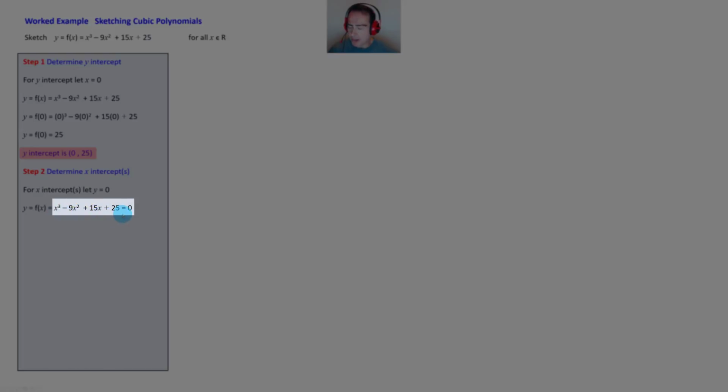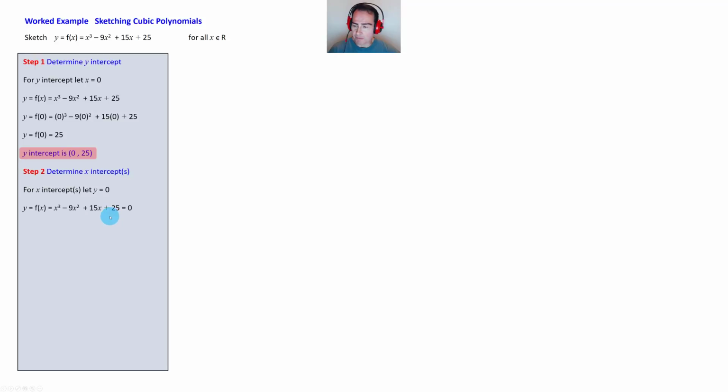Now this cubic equation needs to be factorized in order to easily solve it. And there are several methods to solve or factorize cubic expressions. None of them work all of the time. These questions are usually designed so that there are simple linear factors, that is, simple whole number values of x, which make this equation equal to 0.